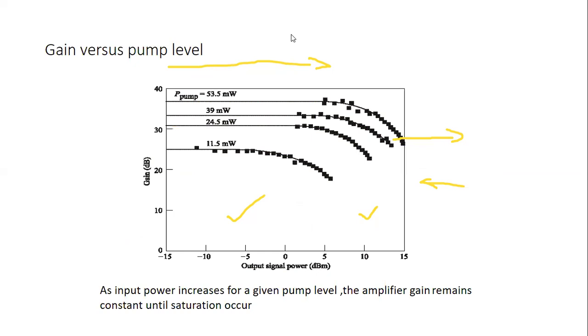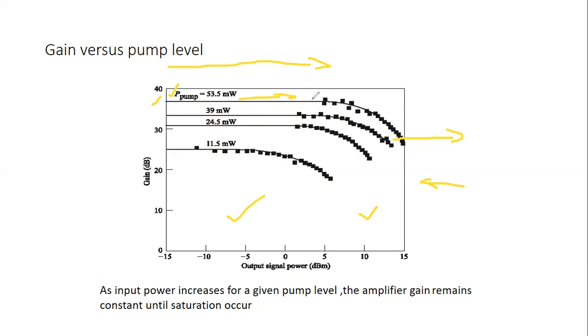Now next, this is the gain versus pump level. This is P pump. What this graph is indicating is, suppose this is the pump level of 53.5 milliwatt. At this pump level, if we are increasing the input power, then we obtain almost constant amplifier gain till saturation.